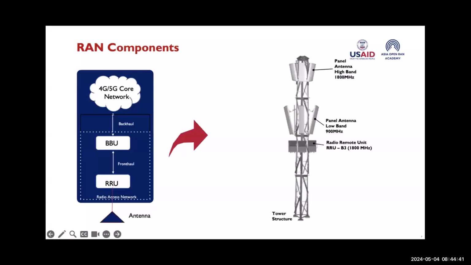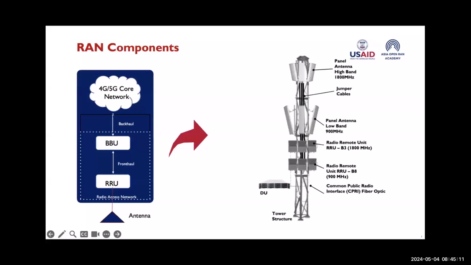You have a specific frequency for high band and low band. Some radio units work like a dual band, meaning a high band of 2100 and 1800, or there could be a low band of 700, 900, or 850 megahertz. And these are connected through a copper cable or jumper cables.